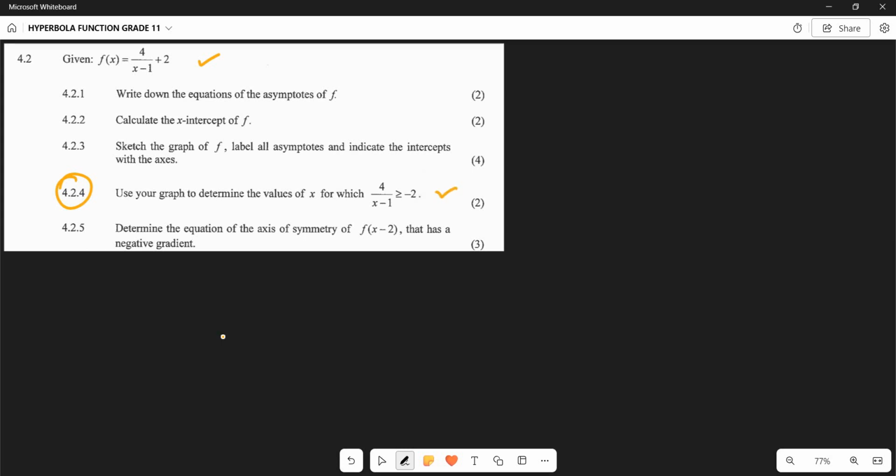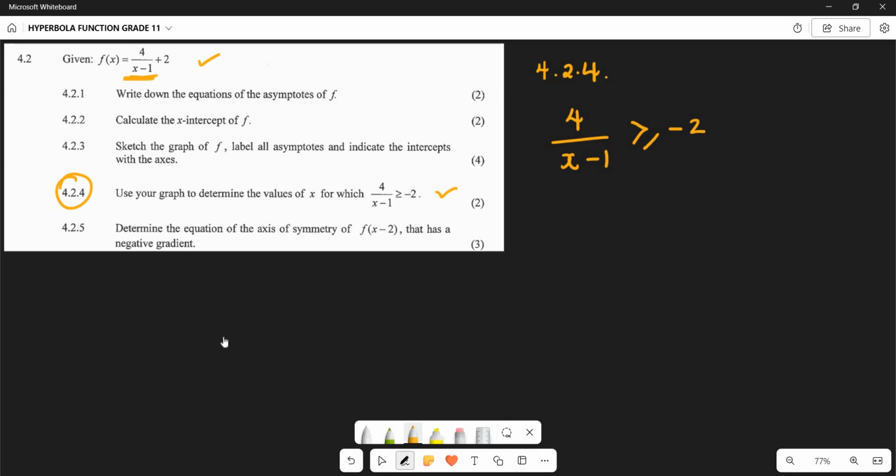If you note, the left-hand side is 4 over x minus 1, but they said it is greater than or equal to -2. Okay, you see this looks like that without a 2.